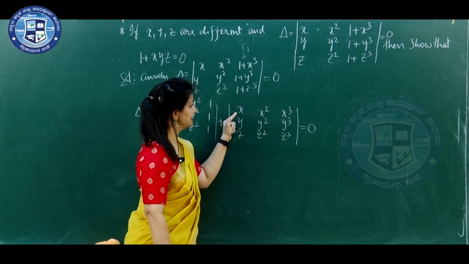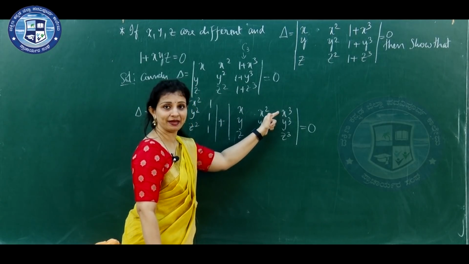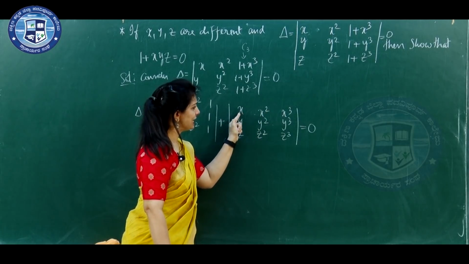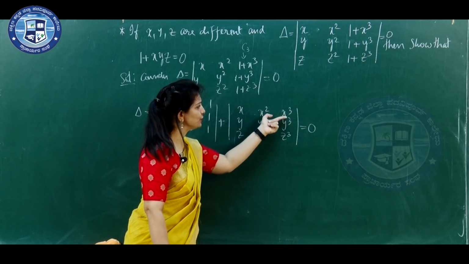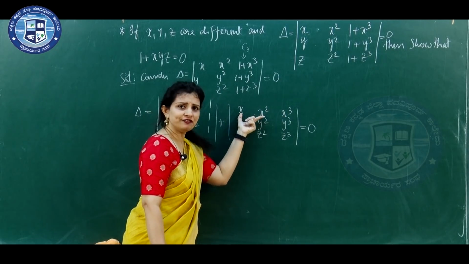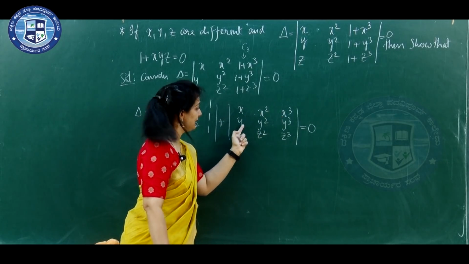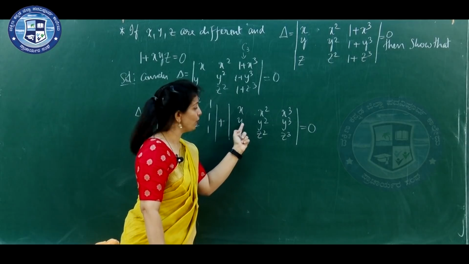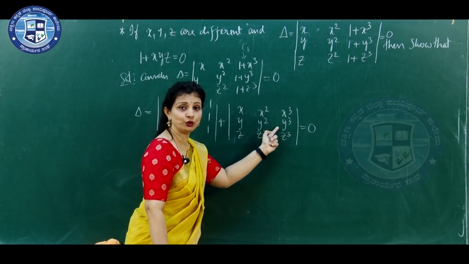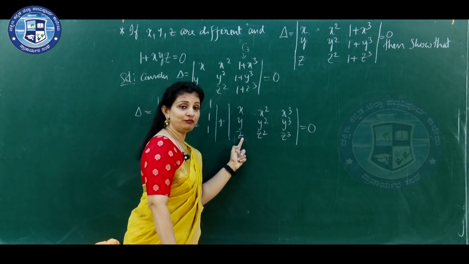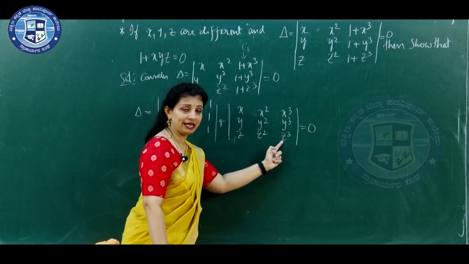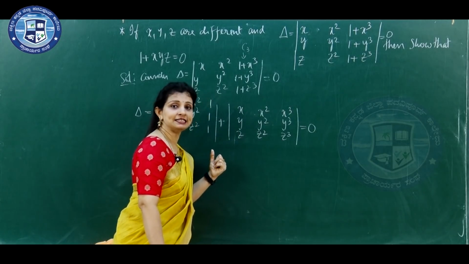If you observe the first row elements, x square, x cube, x is common here in the first row. In the second row, we can take out y as common, y square, y cube. From the third row, z is a common element, so we can take out z.